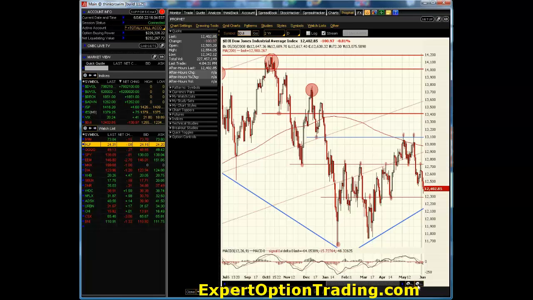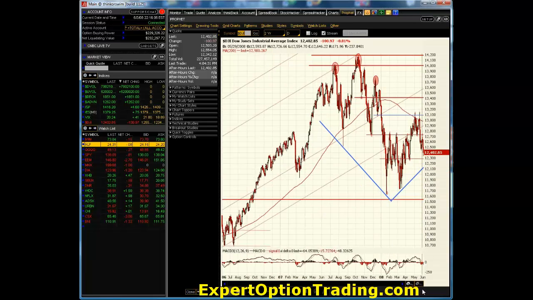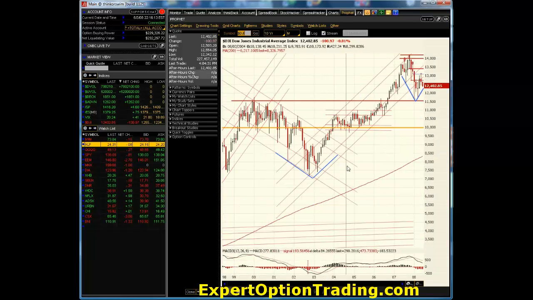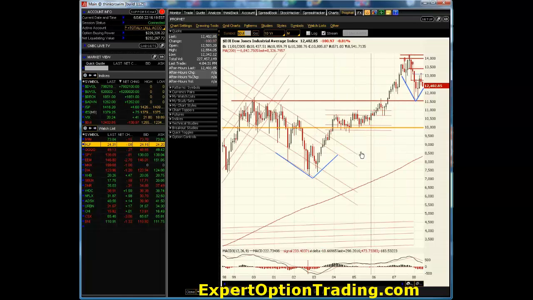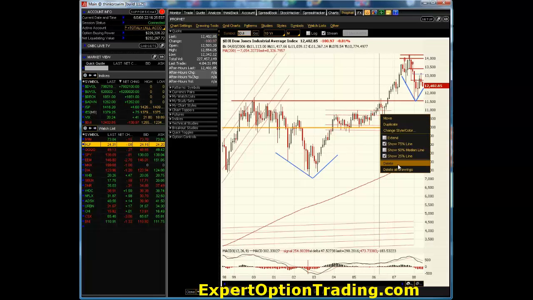But channels are also another significant technical analysis tool that you can use. I showed you support and resistance points, and now I'll show you how I draw channels. Let's eliminate this channel just for a second. This is actually a sideways channel.